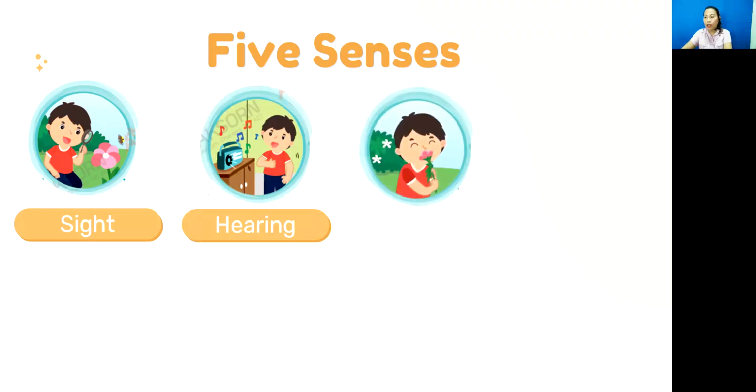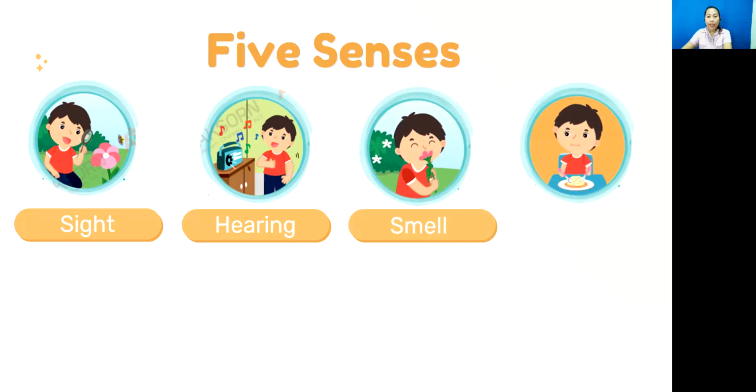Okay, third sense is our sense of smell. Everybody say smell. Smell. Sense of smell. So we have eyes for our sense of sight, ears for our sense of hearing, nose for our sense of smell, and also taste.